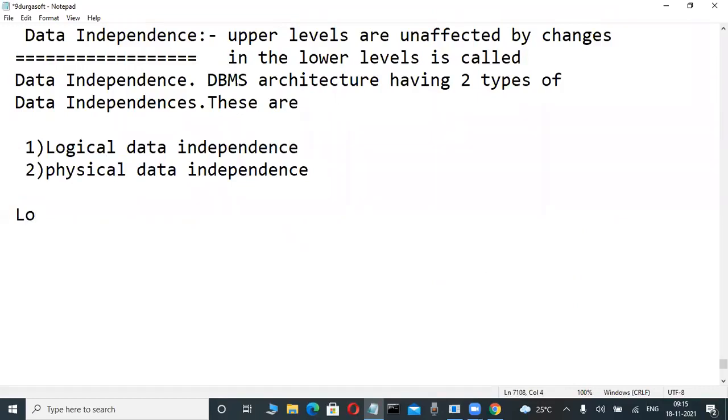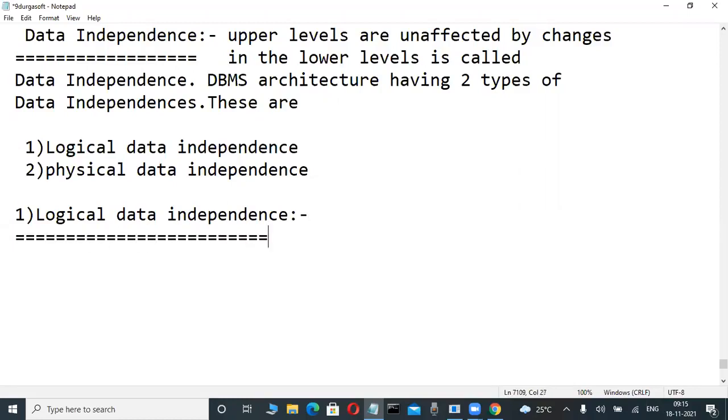Logical data independence, side heading. Firstly, write it. Practical I'm showing afterwards.